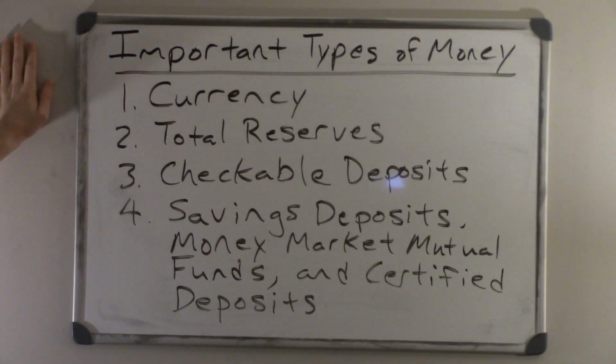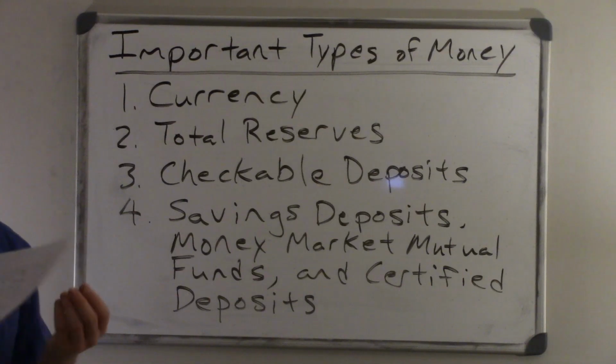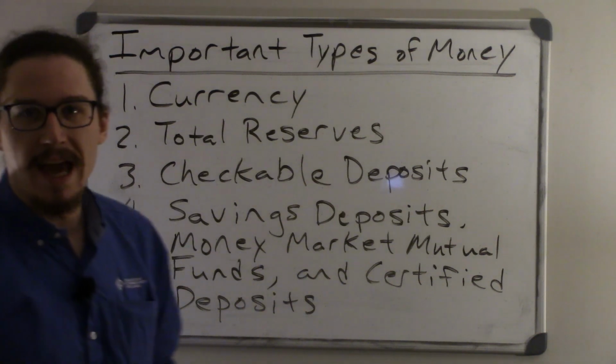So starting with currency. This is what a lot of people think of as money. Currency is our paper bills and coins, colloquially known as cash.